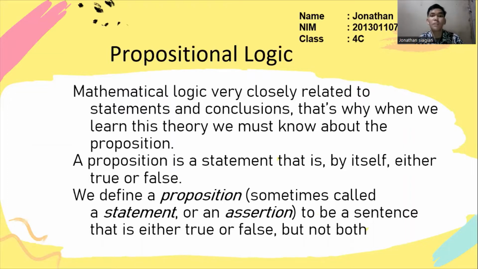A proposition is a statement that is by itself either true or false. We define a proposition, sometimes called a statement or an assertion, to be a sentence that is either true or false, but not both.